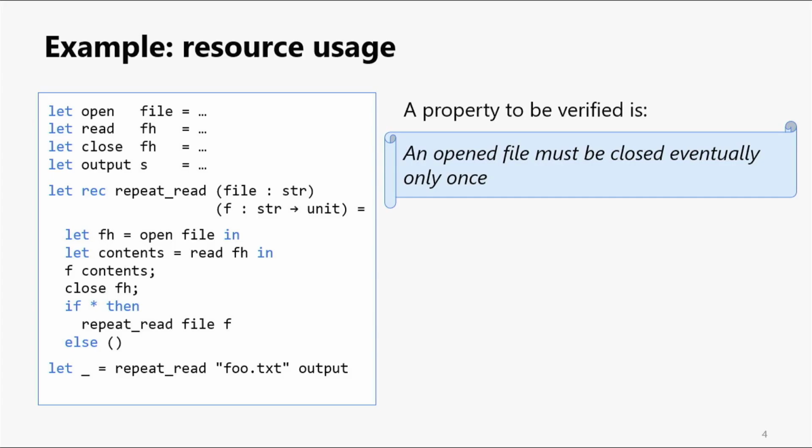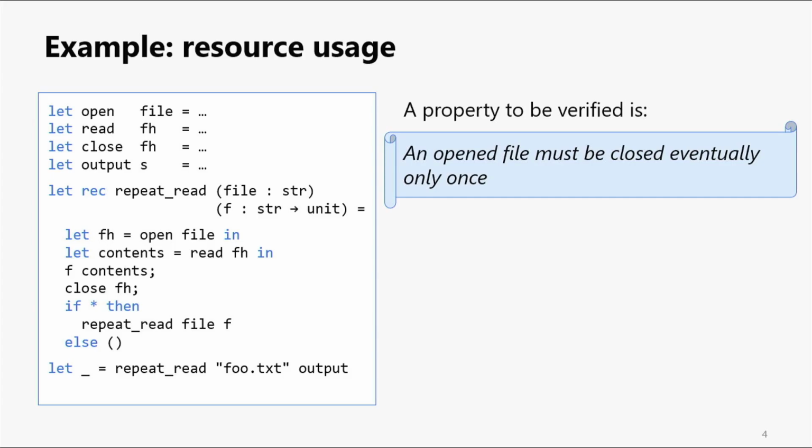If this choice returns true, then the execution continues, but if it returns false, then the execution ends. In this running example, I use an output function as the second parameter to the main function. It just prints out the given string value.